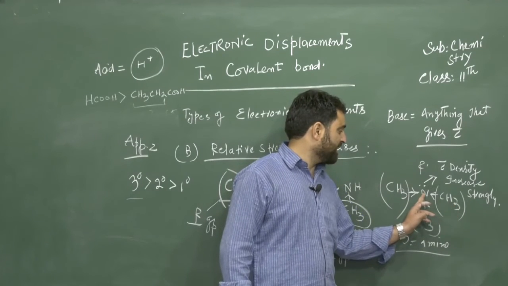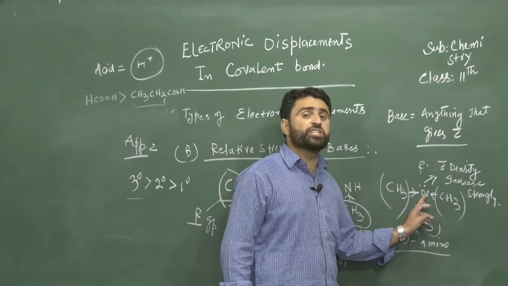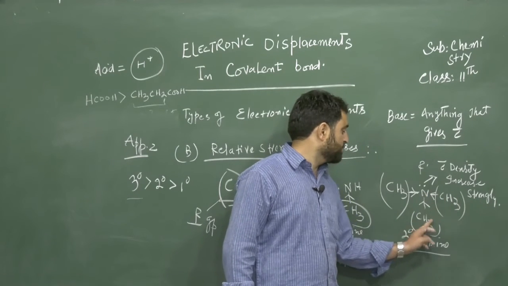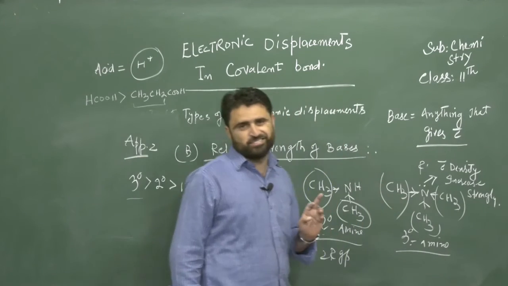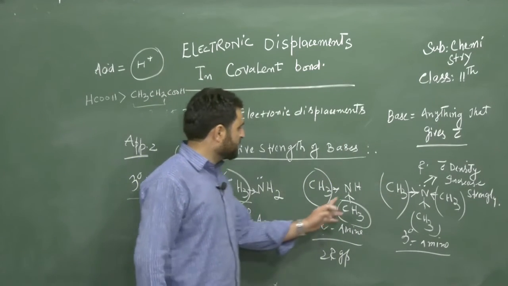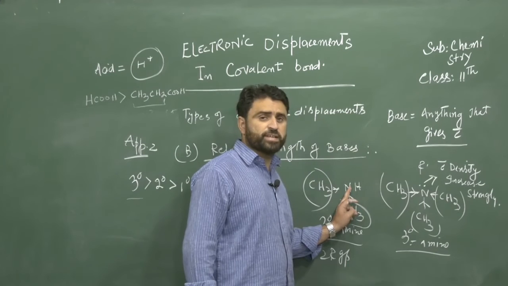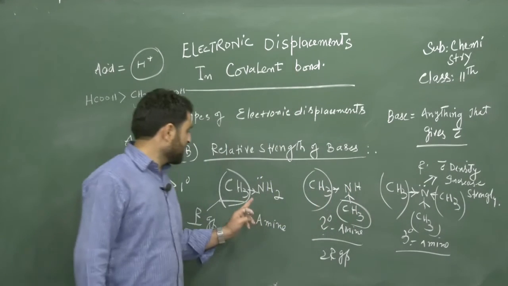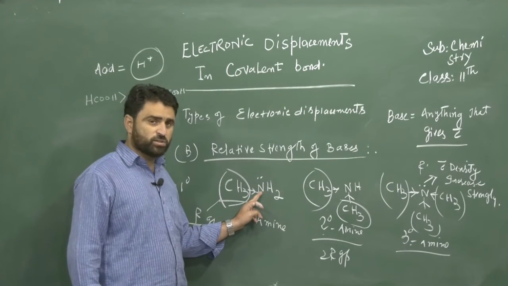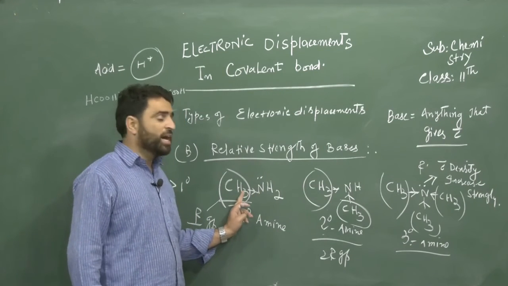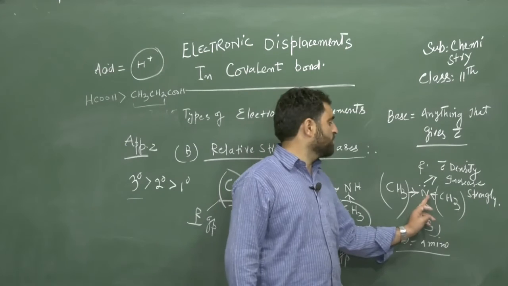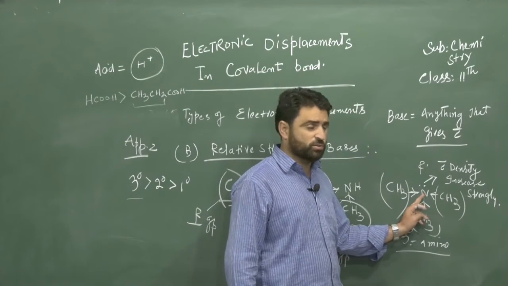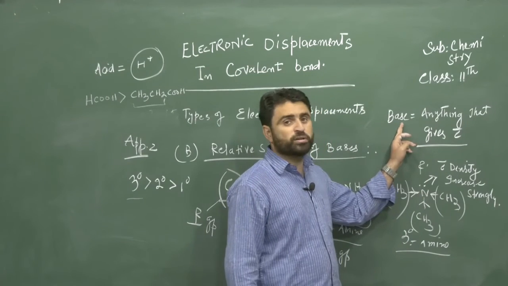It means nitrogen has high electron density because it receives electrons from 3 methyl groups simultaneously. This nitrogen atom receives electrons from 2 methyl groups only, and this nitrogen atom receives electrons from only 1 methyl group. When it has higher electron density on the nitrogen, it will prove to be a stronger base.